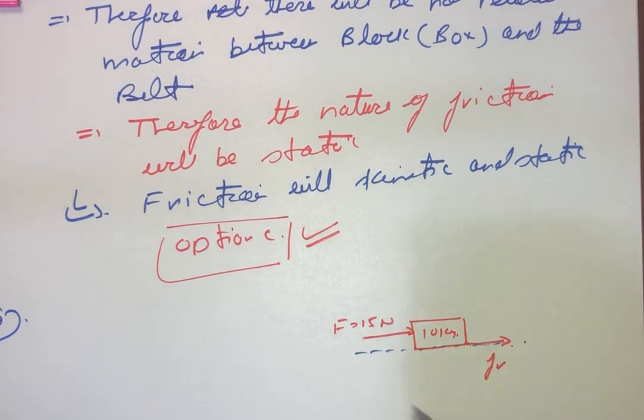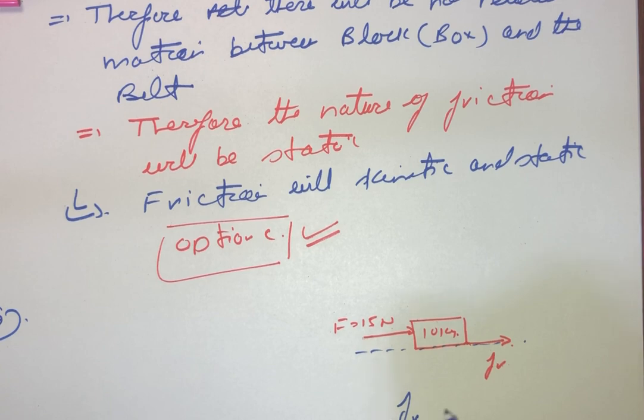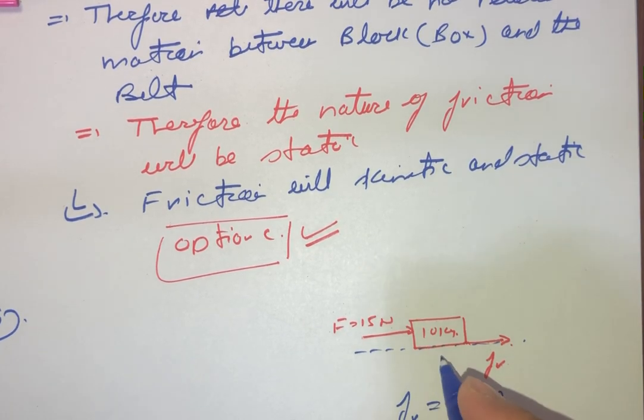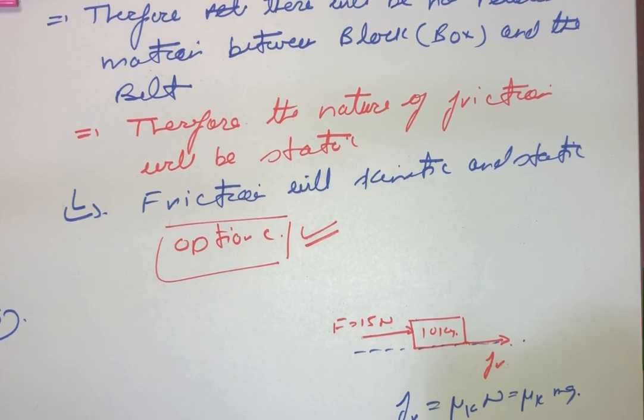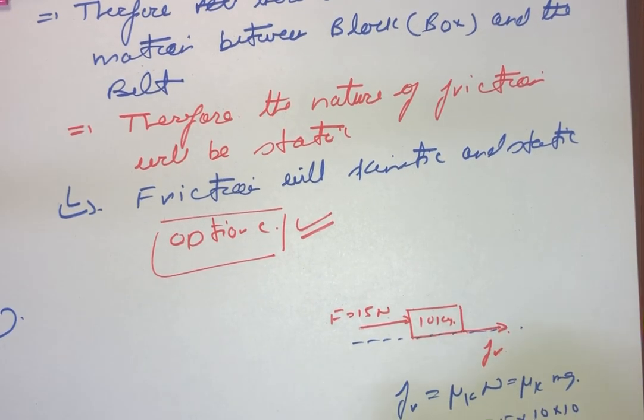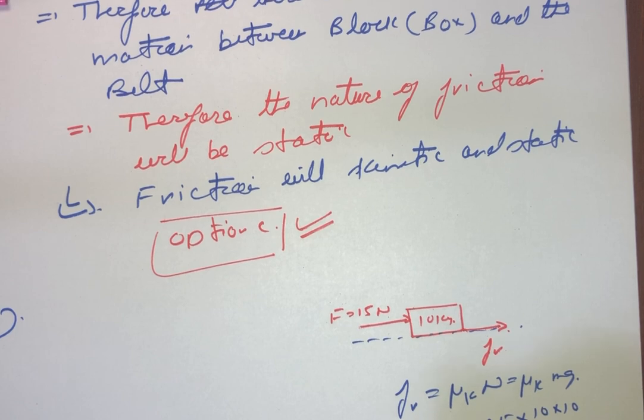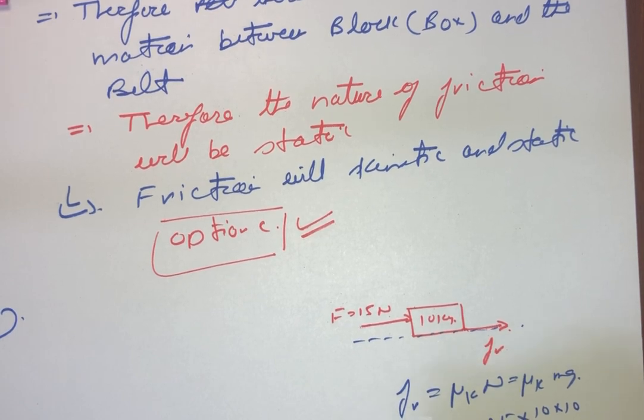Let us find our Fr. Fr is equal to mu kinetic into normal, and normal is equal to mg, so Fr equals mu mg. Mu is given as 0.25, mass is 10, and g is also 10, so we get Fr equal to 25 Newton.